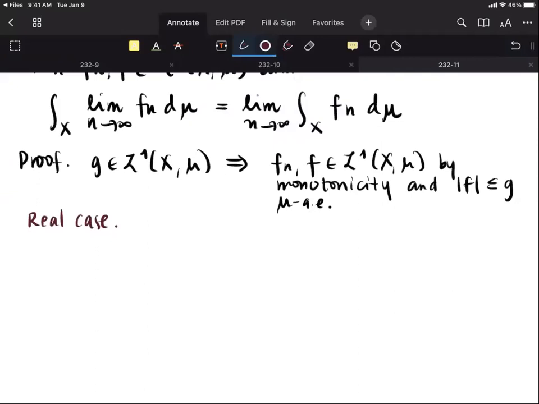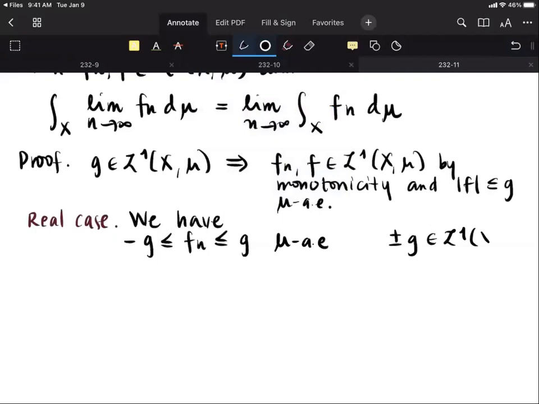Okay. Note that according to the assumption, f sub n is bounded from below by negative g and bounded from above by g, mu almost everywhere. And we know that plus or minus g is integrable.